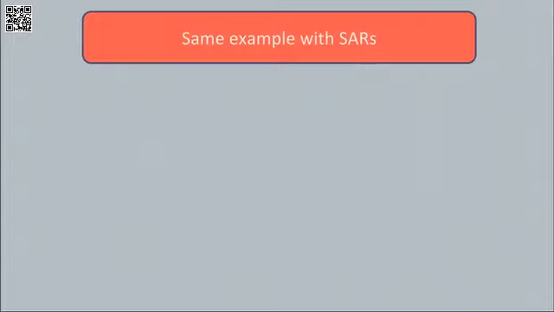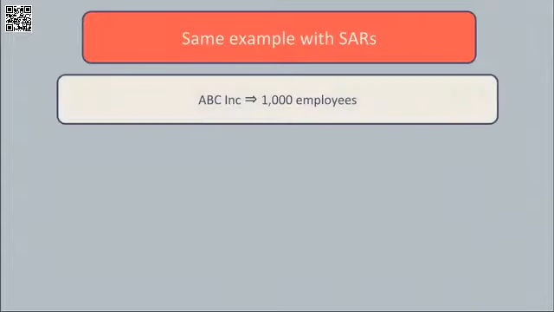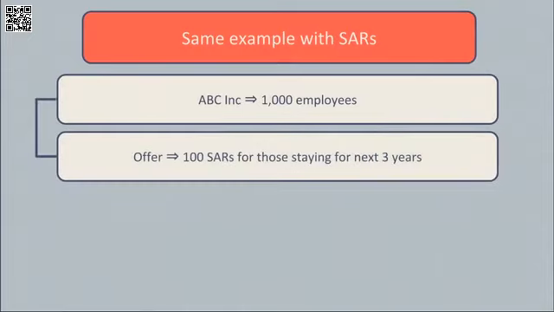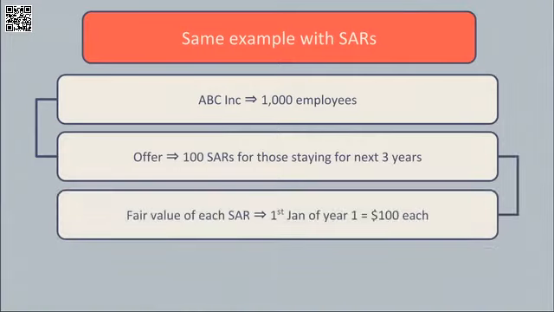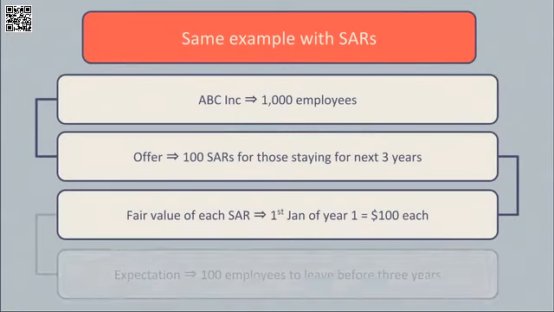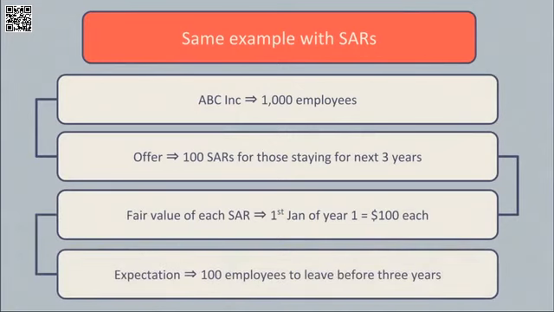Let's look at the same example again, just with share appreciation rights. ABC Incorporated offers its 1,000 employees 100 share appreciation rights for those who stay for the next 3 years. The fair value of each share appreciation right at 1 January year 1 is $100. They expect 100 employees to have left before the 3 years are up, and they will lose their appreciation rights.